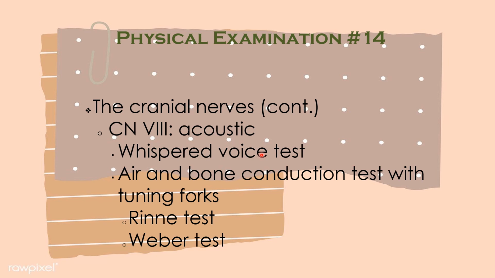If hearing is lost, determine if the loss is conductive, from impaired air transmission, or sensorineural, from damage to the cochlear branch of cranial nerve number 8. You have to test for air and bone conduction using the Rinne test, as what you performed during physical exam 1, and lateralization using the Weber's test.